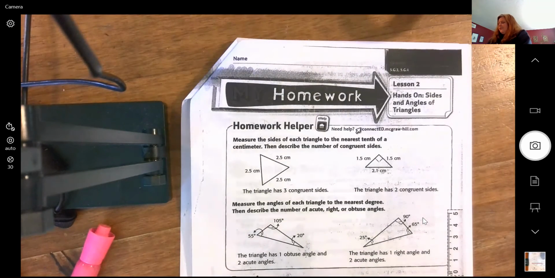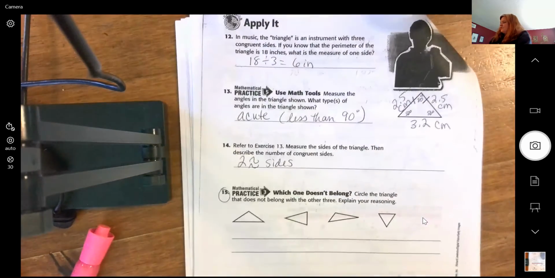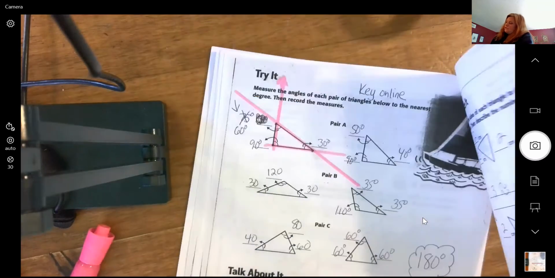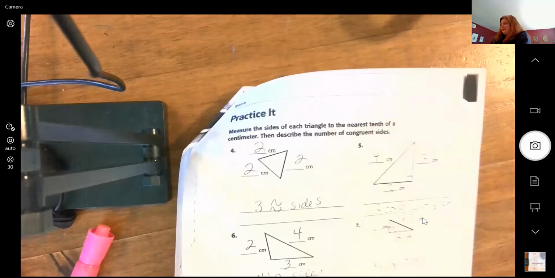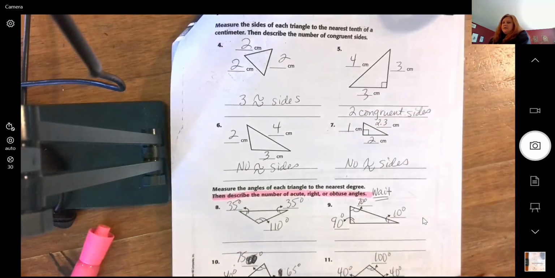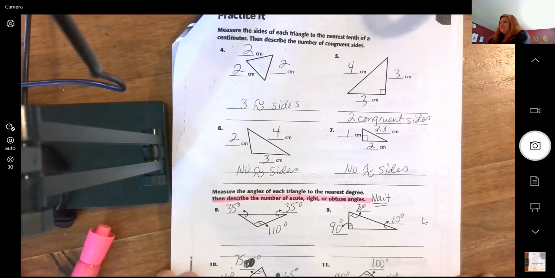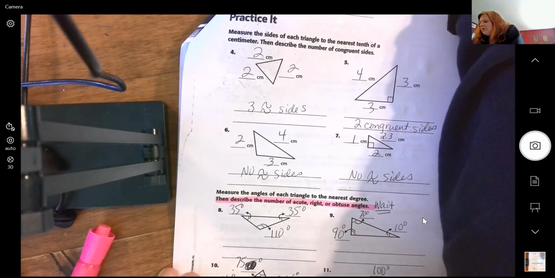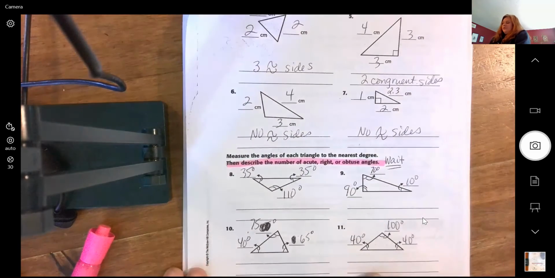All right, so we are going to jump back to where we were and look at page 911. So we didn't talk about these yesterday, but we just went over our triangles.